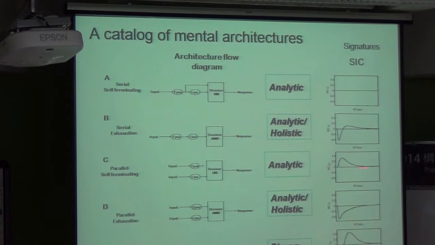If you have a positive function all the time, this is parallel self-terminating. If it is negative all the time, parallel exhaustive, and coactive has this negativity, but overall a larger positivity expressed here. So different signatures of SIC. That is very indicative, and you can see how different signatures will indicate different underlying mental architectures. So that's how we identify them.